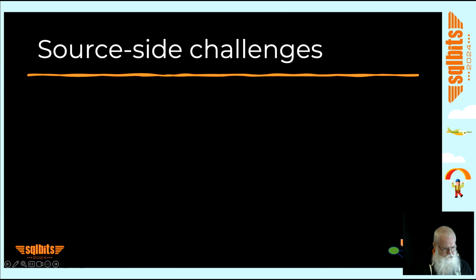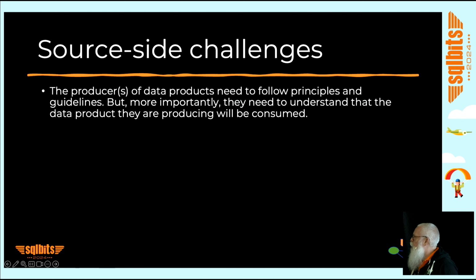But yeah. So from a source side, the challenge is, of course, making sure that the producers understand that data is not just a byproduct of whatever tool they're building, but also a product that has to be consumed. It's somebody who wants that data. And this is a core challenge when you're dealing with microservices approaches with independent development teams who don't really need to think about anything other than their own little product.